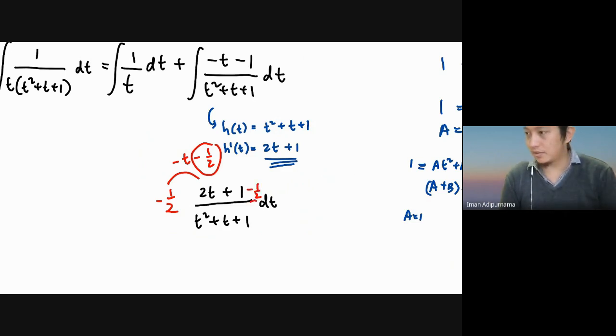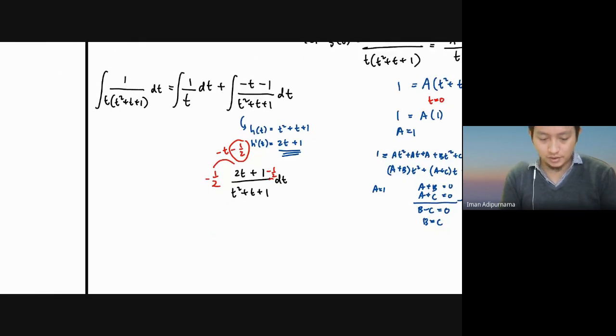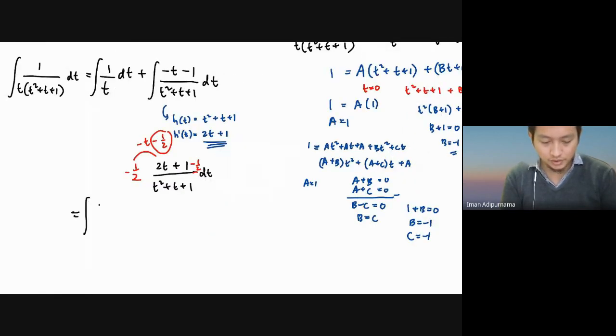Okay, I hope you get the idea. So the whole thing, the integration will be this plus this multiplied by negative half, and the integration of negative t, negative 1, negative half. Sorry, not negative t. This is 2t plus 1 and a negative half.